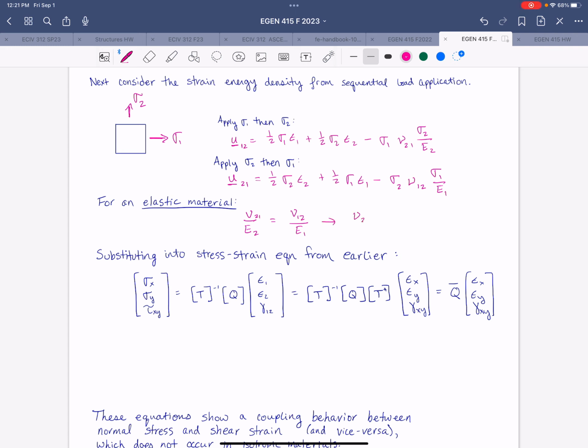In other words, nu 2, 1, capital E1 is equal to nu 1, 2, capital E2, which means that the S12 term should be equal to the S21 term, and the Q12 should equal Q21.